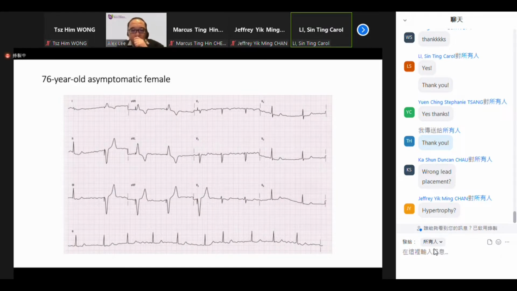I think the patient can have either atrial fibrillation or also multifocal atrial tachycardia. Okay, your differential diagnosis is AF versus MAT. Which one is more likely?